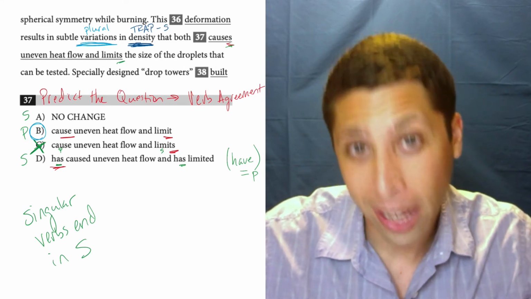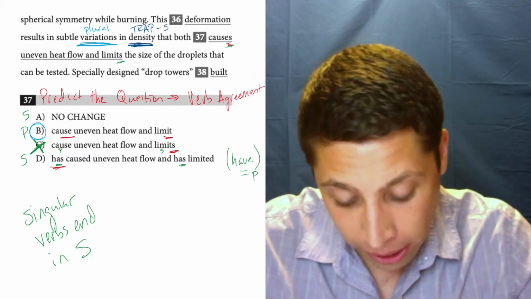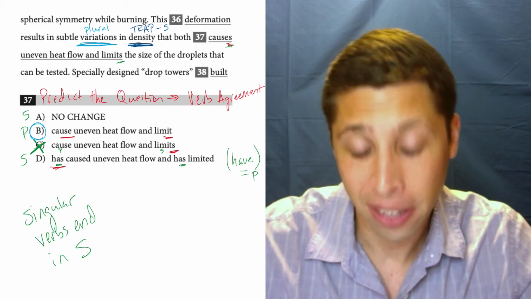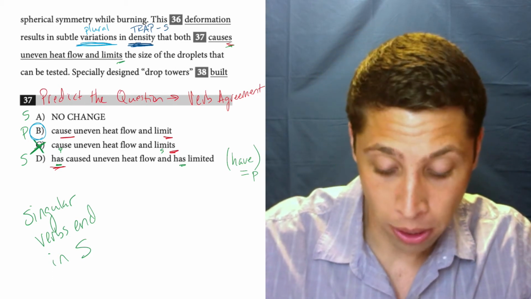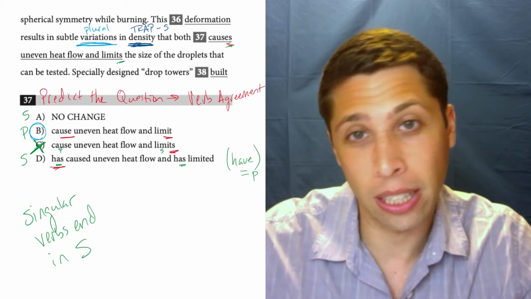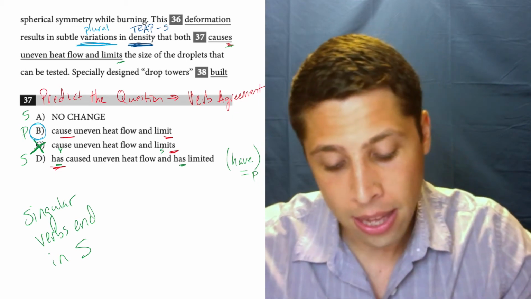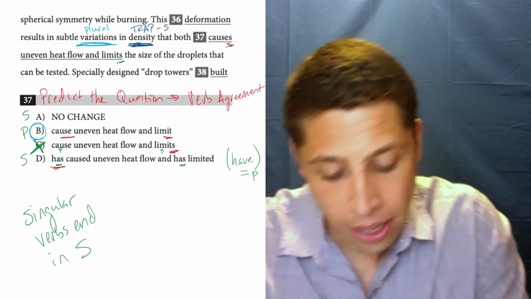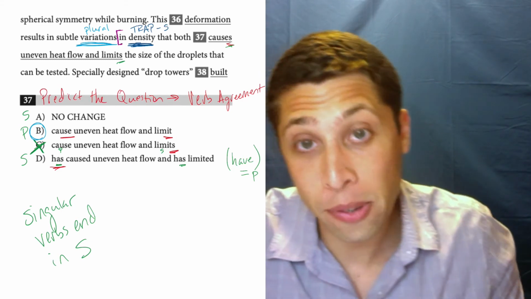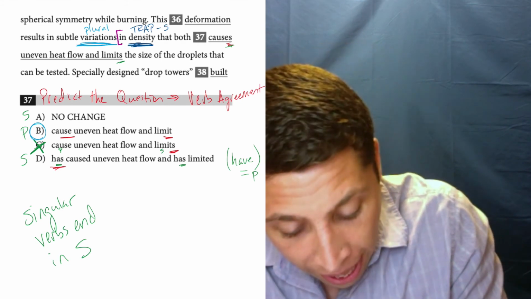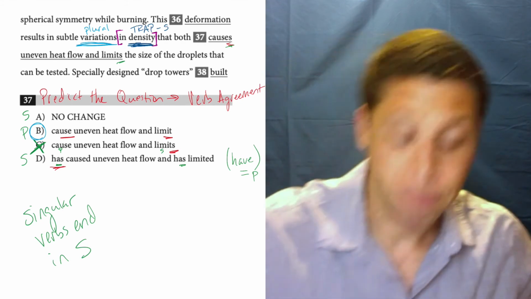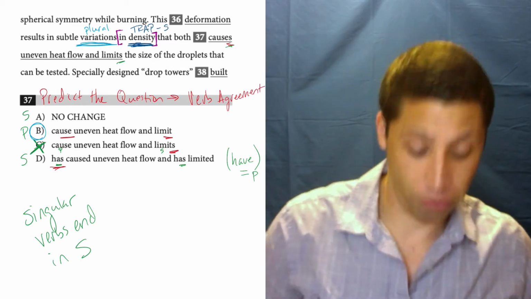Now, why is it variations? Well, it has to do with a very grammatical kind of heavy thing. The verb agreement rule, in my opinion, is the most grammar heavy rule on the SAT. There's just like a lot of little annoying things. In this case, the one that matters is that the word in is a preposition, and that means that that little part there, in density, is a prepositional phrase.